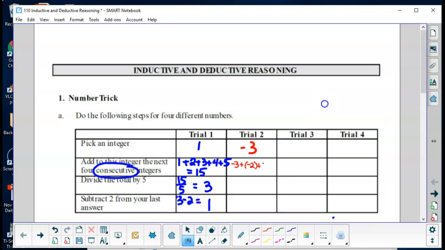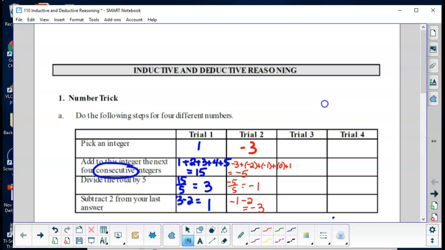So negative 2, negative 1, 0, and 1. If we add those together, that's negative 5 plus negative 1 is negative 6, plus 1 is negative 5. Take negative 5, divide by 5, we get negative 1. Take negative 1 and subtract 2 from it, we get negative 3. So we do get the same as the original.